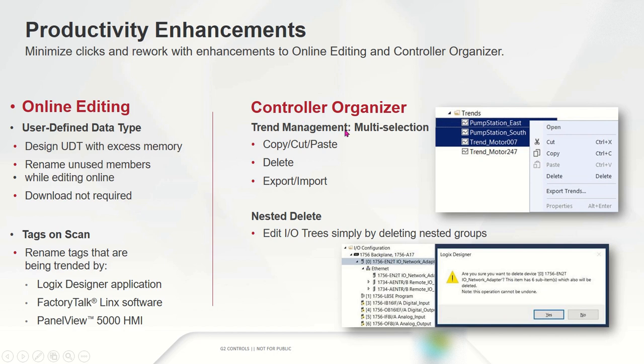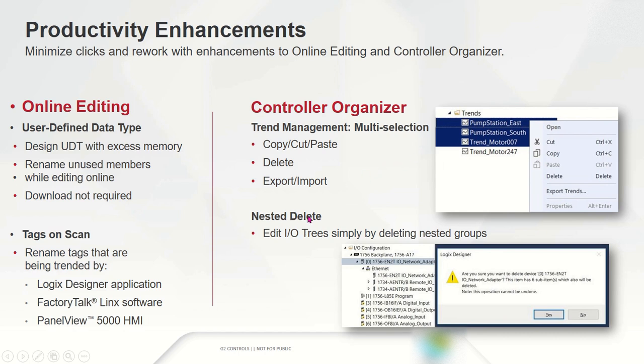In the controller organizer, trend management, multi sections, you can do copy, cut, paste, delete, export, and import. You can export and import the trend. In previous versions, you were not able to export and import the trends.